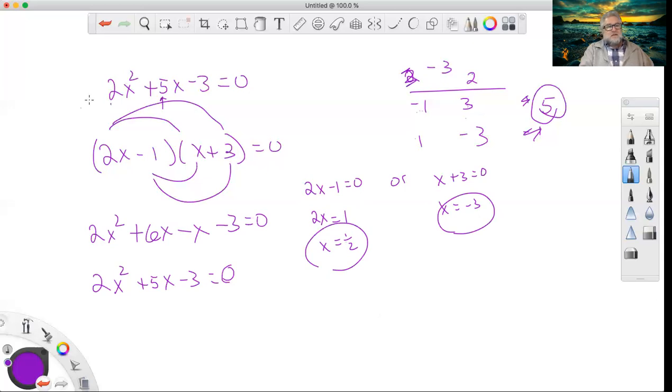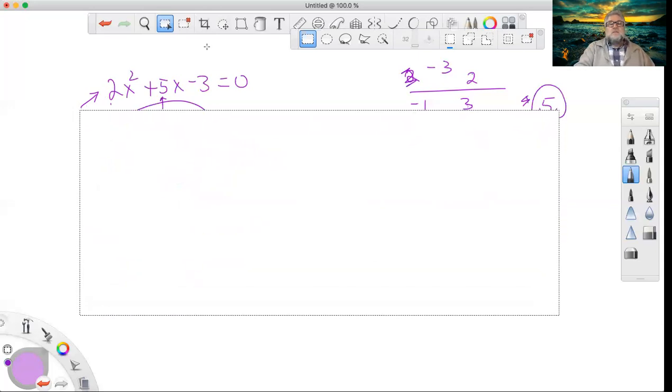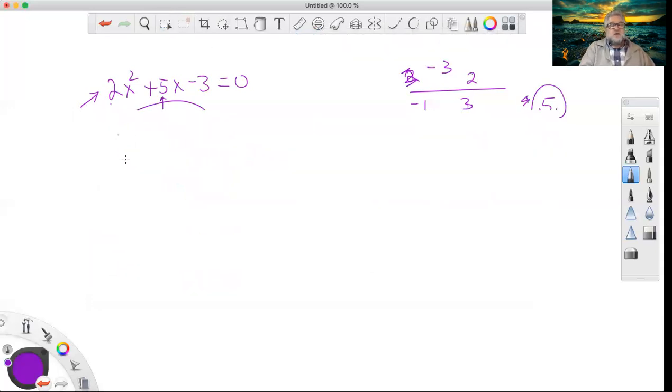Okay? It's not any fun when this is here. If you're going to do completing the square with something like this, then I don't know of any tricks to make it easy. If I was going to do completing the square, I would do the first step, get that over there, then I would divide everything by 2.